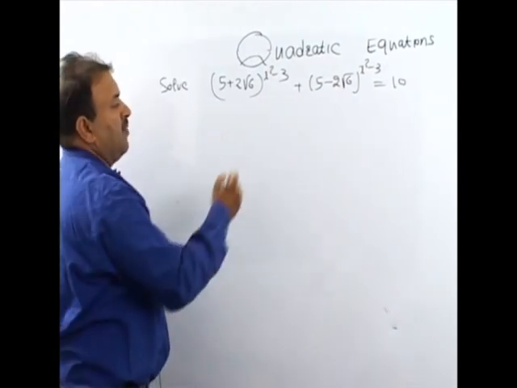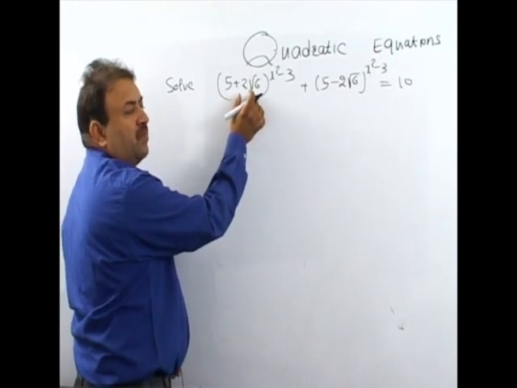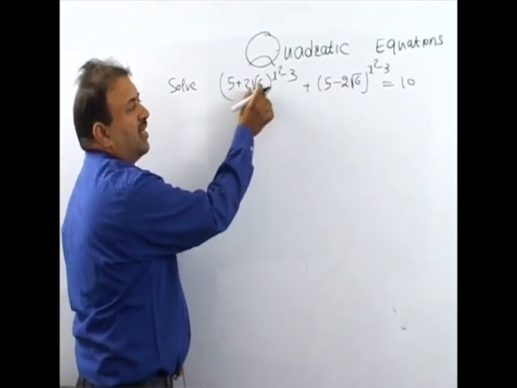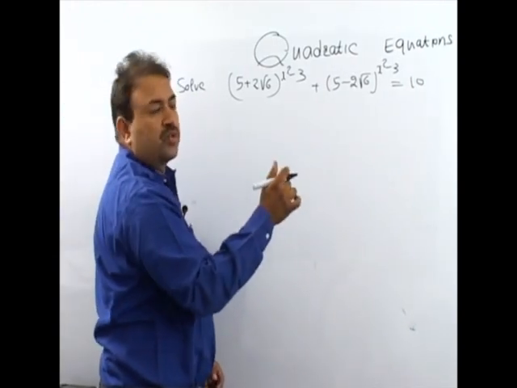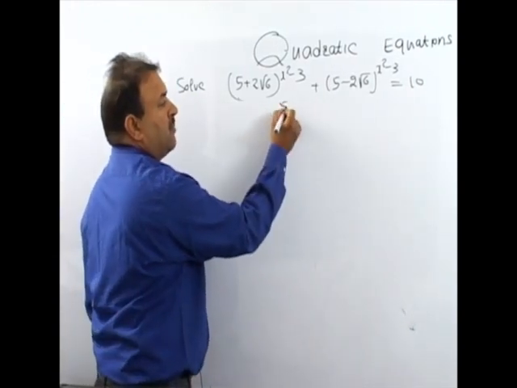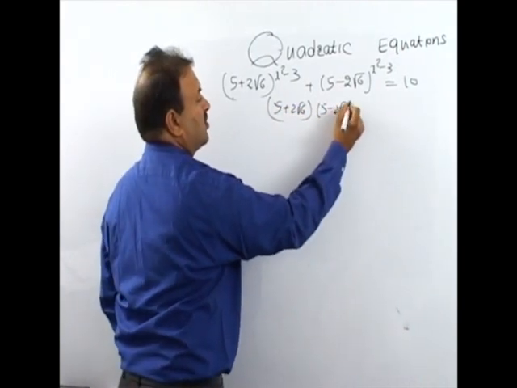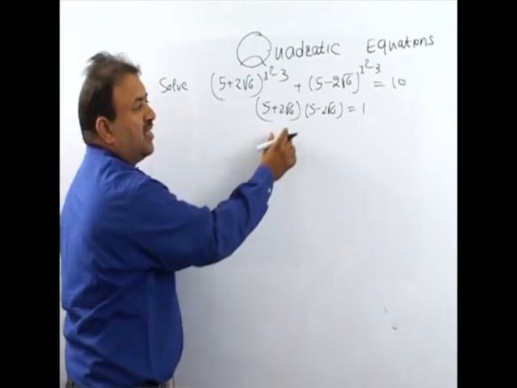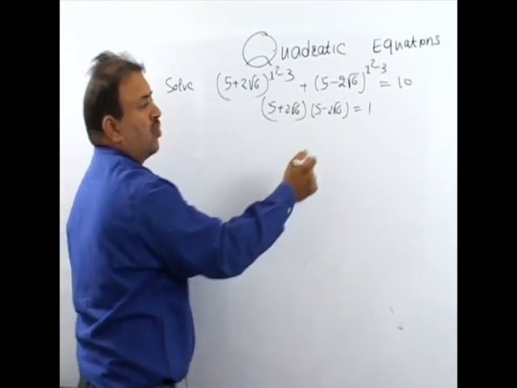See, we have to notice that we get numbers like this: one is 5 plus 2 root 6 and the other is 5 minus 2 root 6. The product of these irrational numbers, 5 plus 2 root 6 times 5 minus 2 root 6, is 25 minus 24, which comes out to be 1.